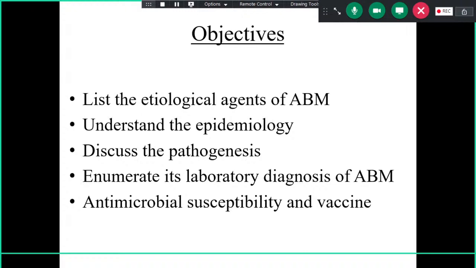What are the different modalities? How you can immediately, bedside as well as in the laboratory, do different kinds of testing for samples for acute bacterial meningitis, and then isolate the organism and do antimicrobial susceptibility pattern on the organism.